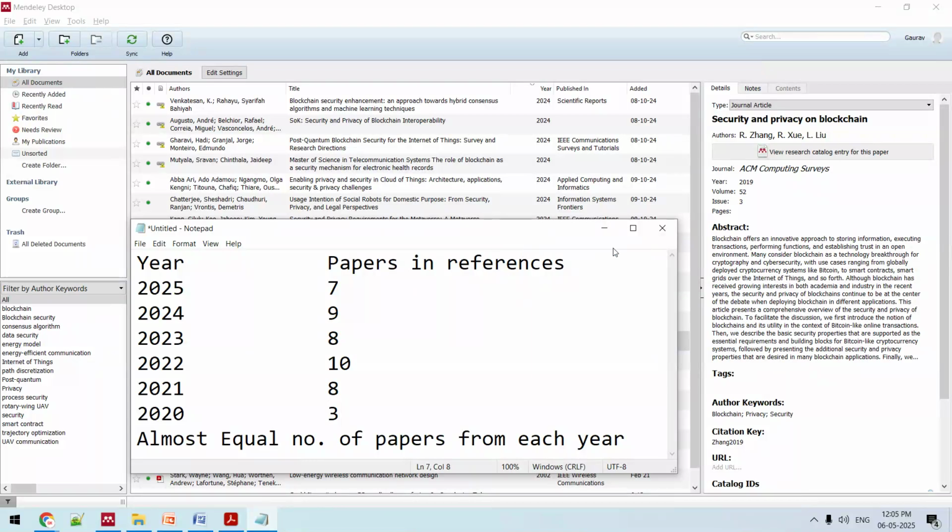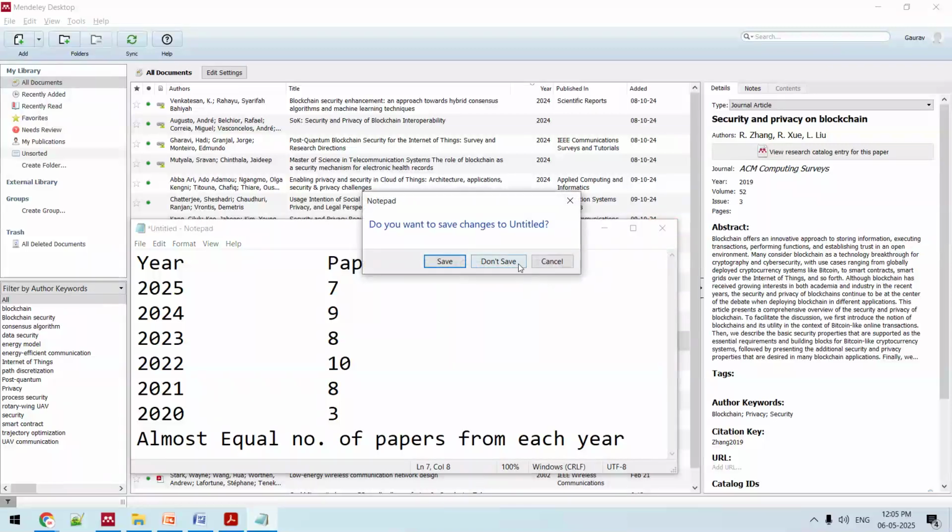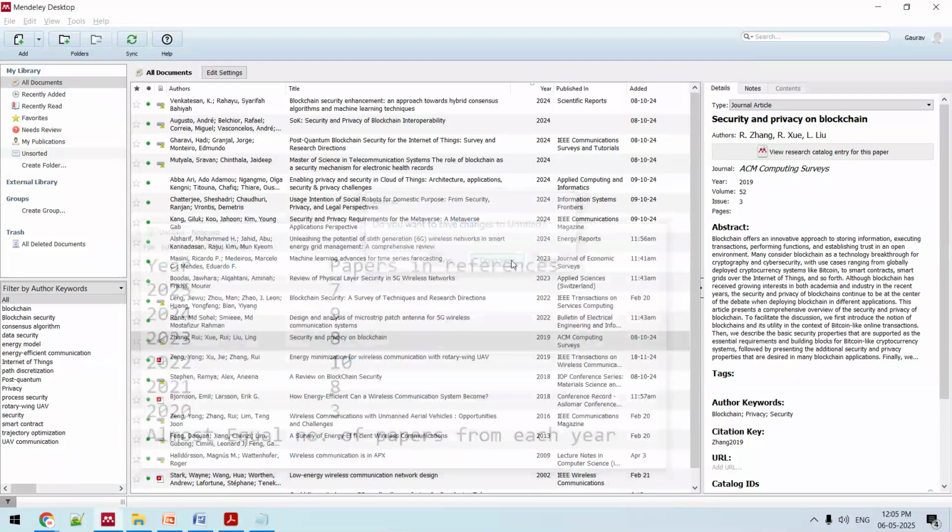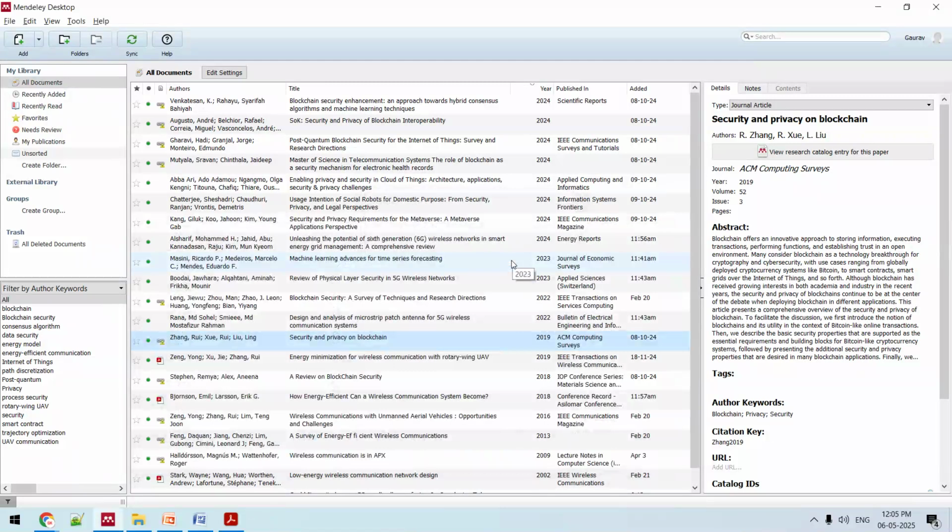Now we will see, after taking an equal number of papers from multiple years, how to use it. I will not add papers from 2025; you can do it yourself.